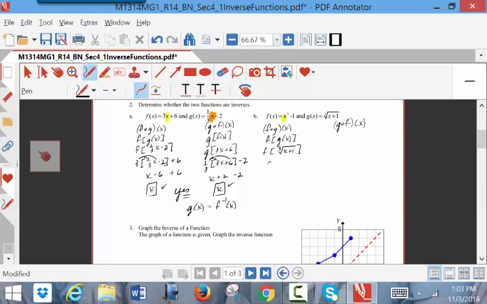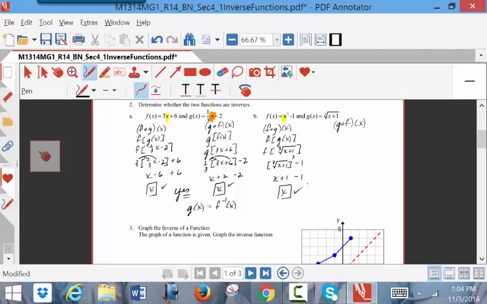So this is stuff cubed minus 1, and that stuff is the cube root of x plus 1. So when I cube a cube root, it eliminates the radical, leaving behind x plus 1, and so this works out to be x, which is the goal. So that's good.